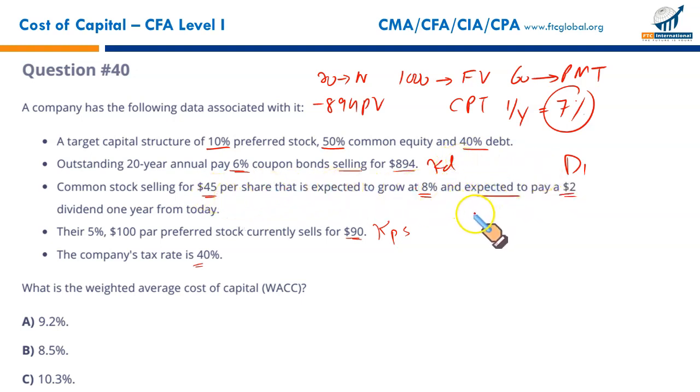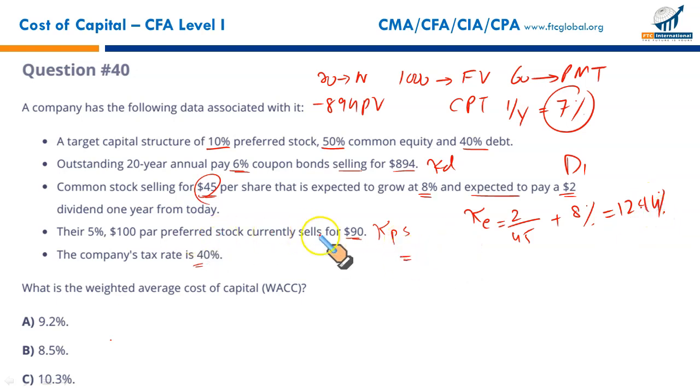Next we can calculate the cost of common equity. We have been given the next dividend $2, the current share price is 45 and the growth rate is 8%. So let's do it. 2 upon 45 times 100 plus 8 gives you 12.44. That's your cost of equity, 12.44%.